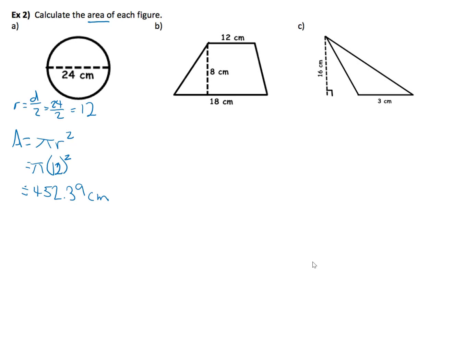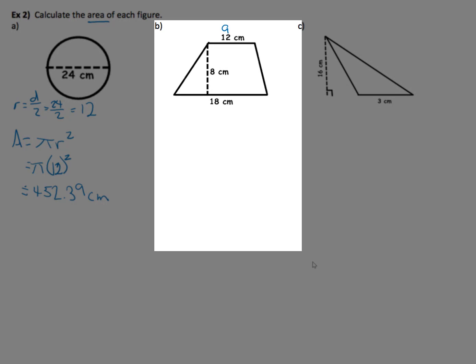Okay. Next one, I'm going to label this A, B, and then this is H. Because we're trying to find the area, we don't need C and D, so I'm just going to cross them out so I know to ignore them. But I do need A, B, and H. If I know A and B, I need to add them together because the area formula is A plus B in brackets times H all over 2. So now I sub in 12 and 18 and 8.